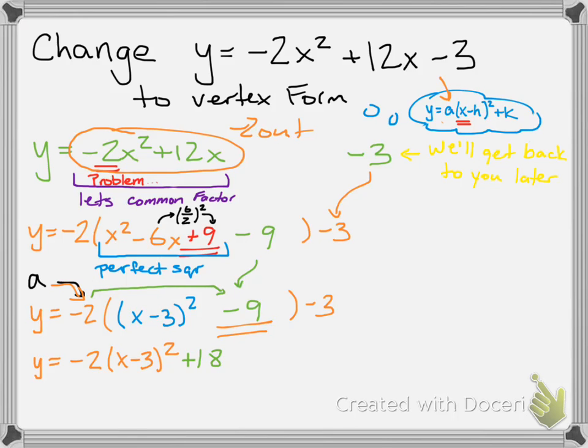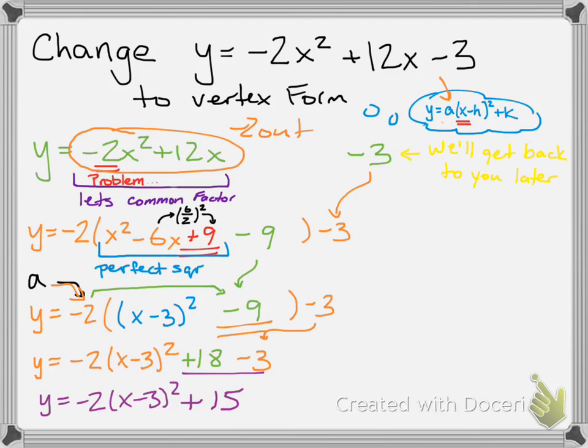Because I had to multiply negative 2 by negative 9, because the negative 9 is in the whole bracket, we had to add 18. So along with that plus 18, we also have our minus 3 at the end there, right? So we brought that minus 3 down. So now let's rewrite the whole thing. I've got all that stuff sorted out, but I can collect these into like terms because it's just plus 15. And there it is, there's vertex form.